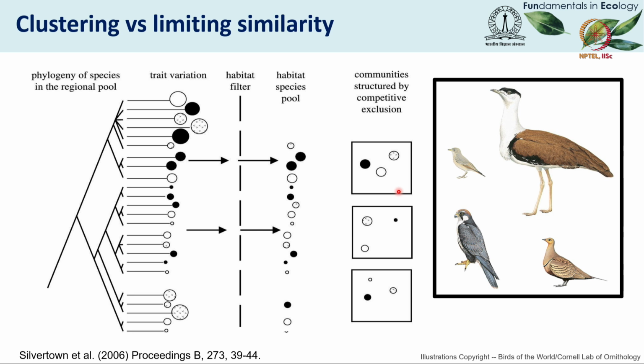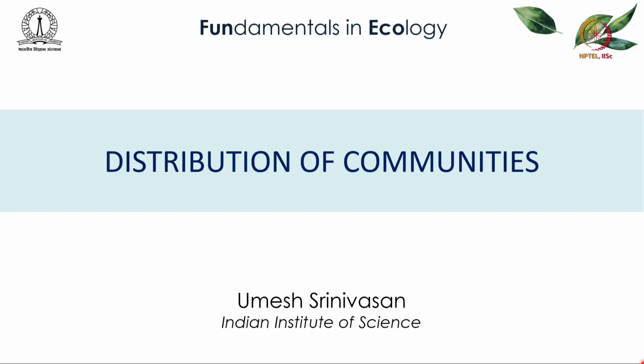Communities are structured by competitive exclusion, and therefore on the body size axis, these species will not be similar. There will be some small species, some large species, some intermediate sized species, but similarity in body mass will no longer occur, and that is what is called limiting similarity.